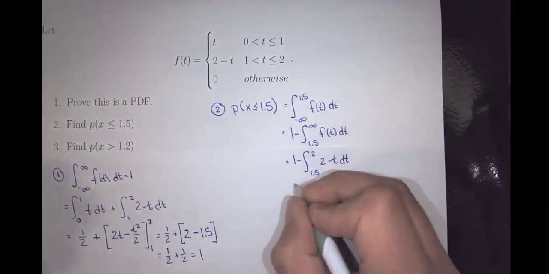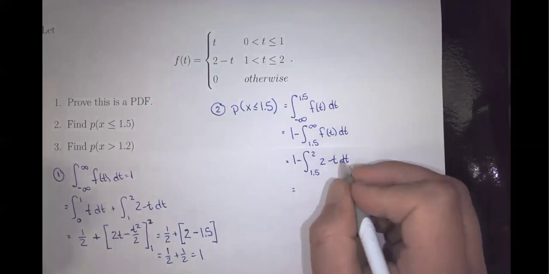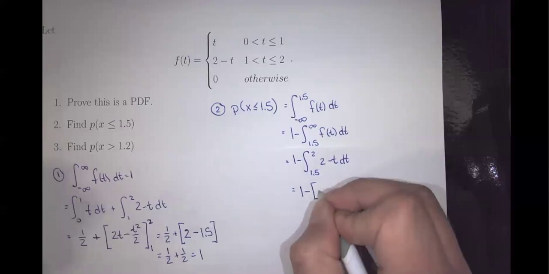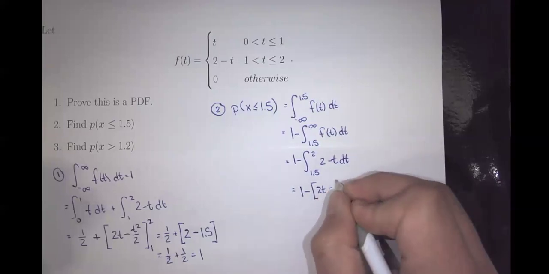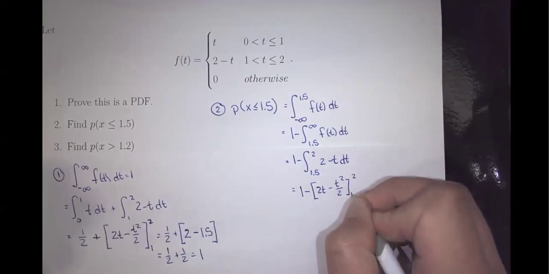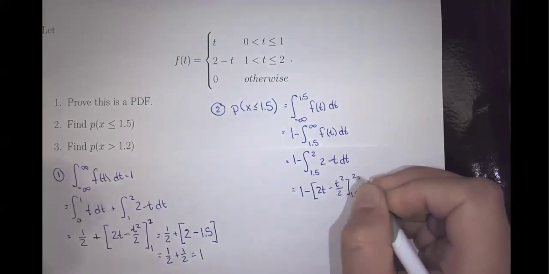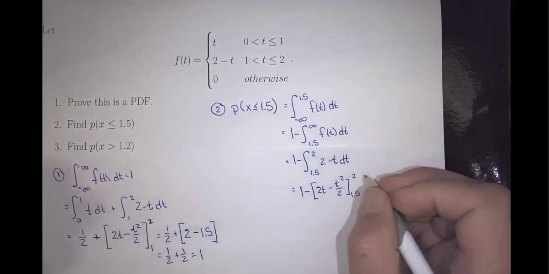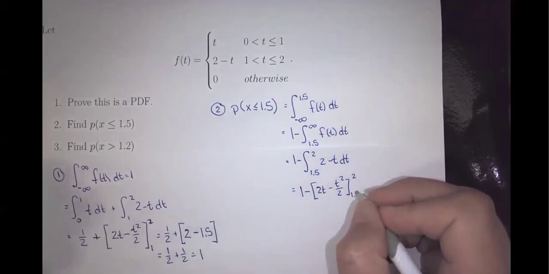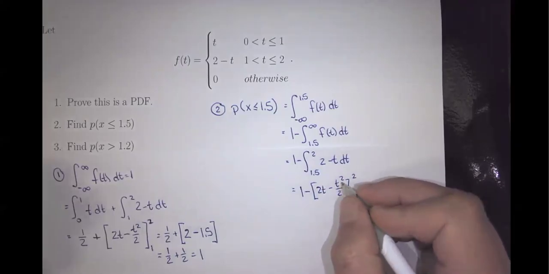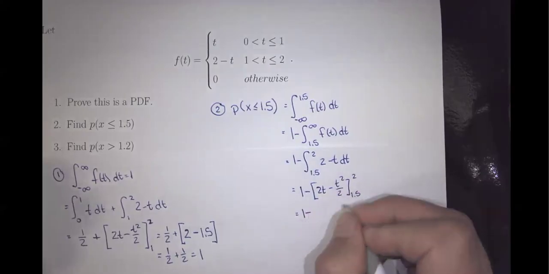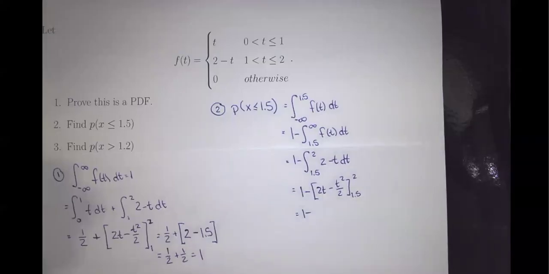Okay, so it's going to be a little bit easier this way. We've already figured out this integral. It's 2t minus t squared over 2. And we're going to go from 1.5 to 2. And 1.5 is 3 over 2, so that gives us 9 over 8.